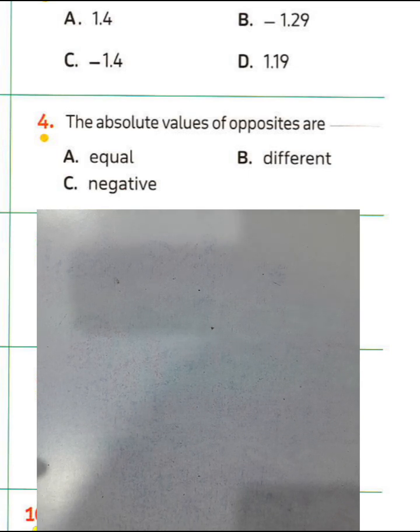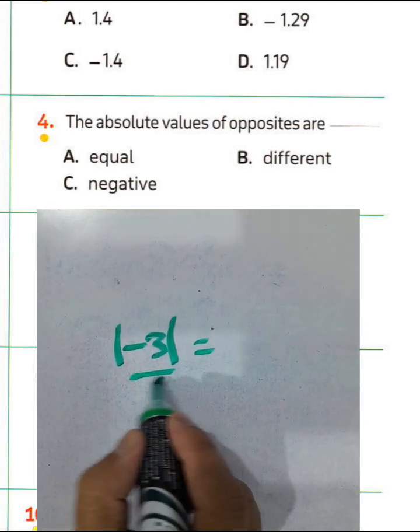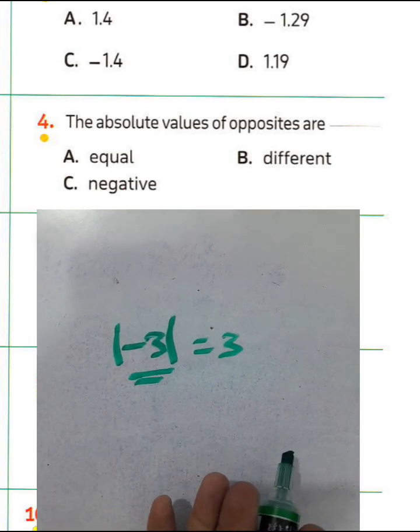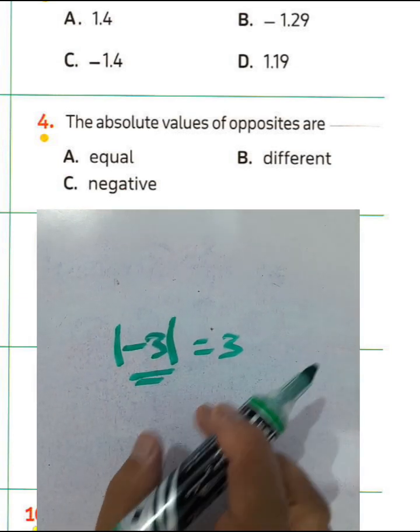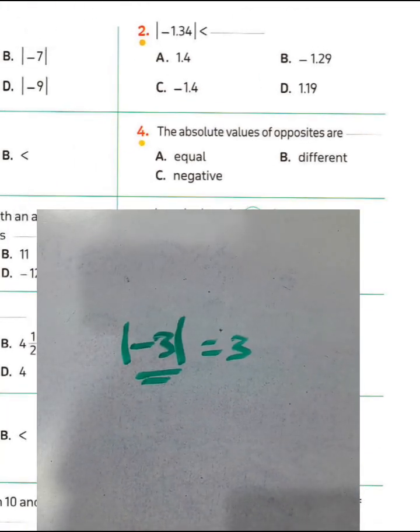We know the absolute value of a number is positive. The absolute values of opposites are equal. Such that, look here, negative 3. The absolute value of this number will be 3. So the absolute values of opposites are equal.